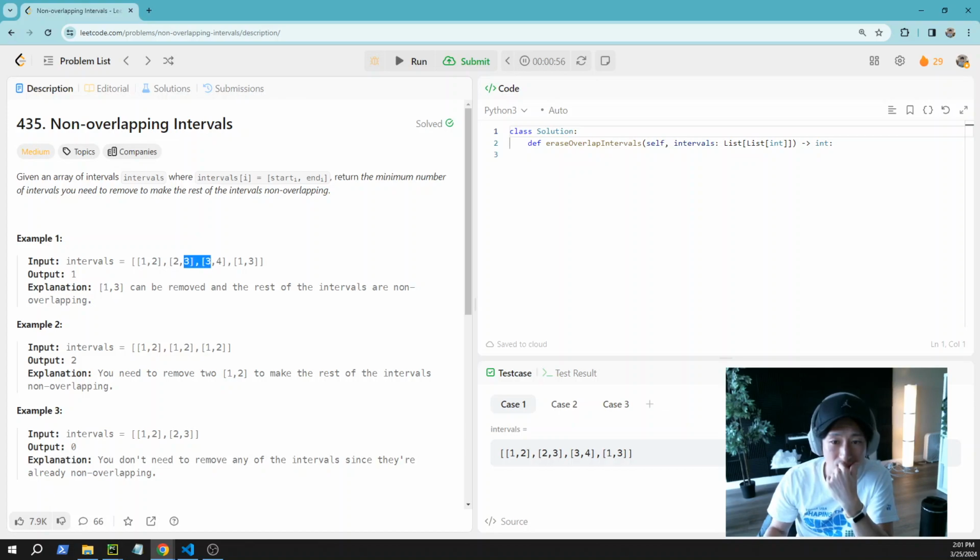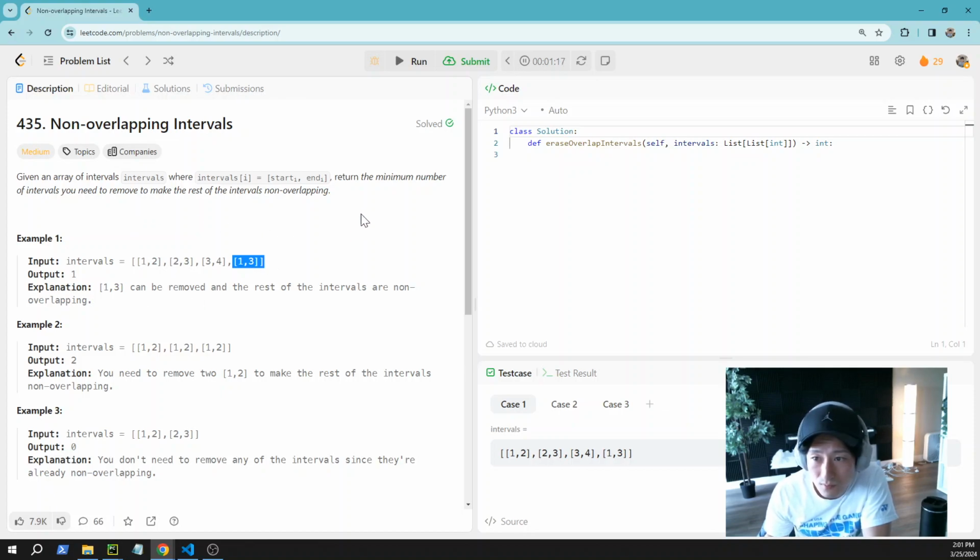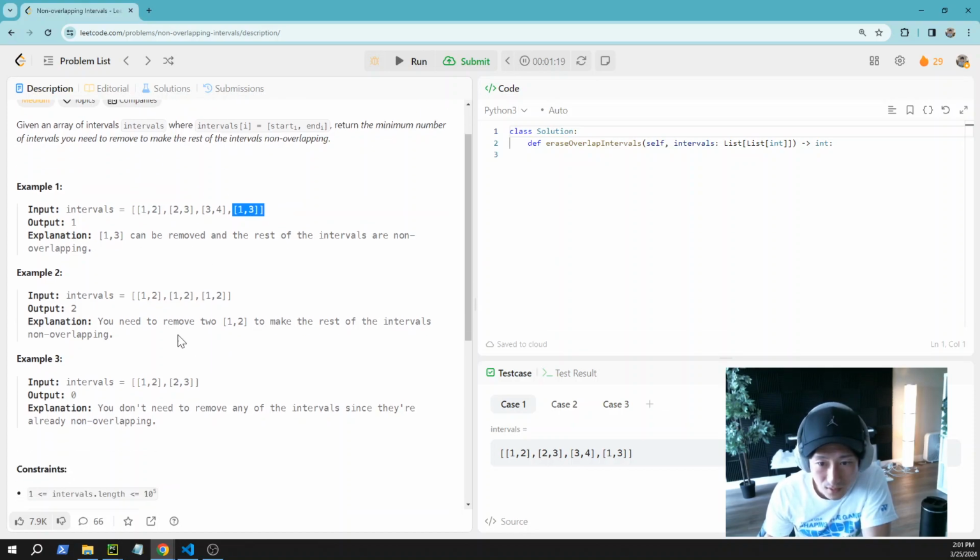So this is also non-overlapping. This is also non-overlapping. But clearly, this [1,3] is overlapping here and also there. So that is why I need to remove this guy. And that's going to be the minimum number of removing, sure.